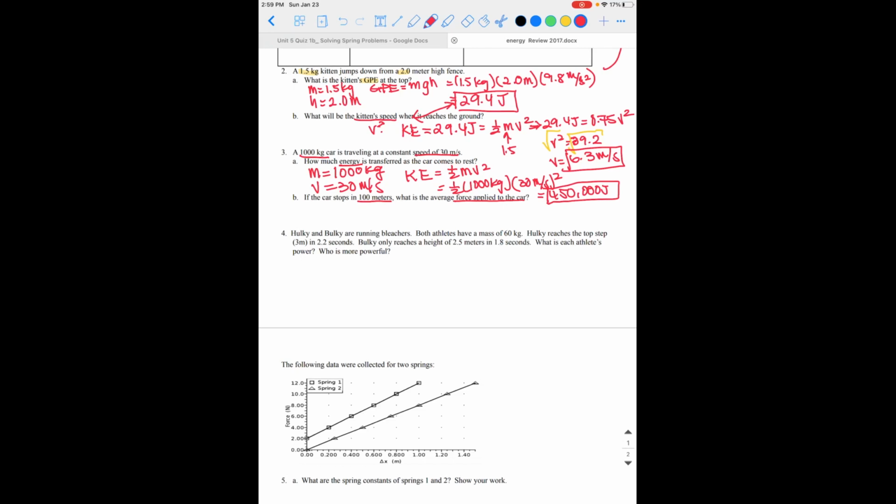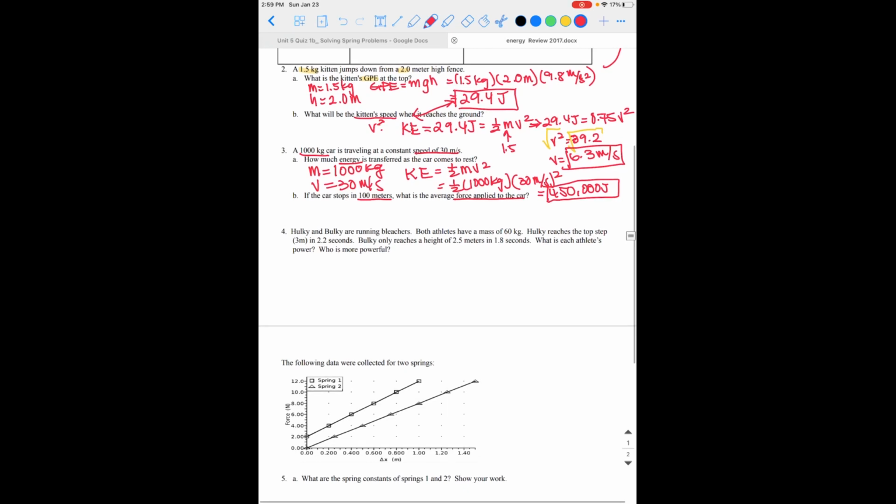So here we've got a distance of 100 meters. We've got a force applied to the car. That's our unknown. And since we know that the force was a frictional force that caused it to stop, this is going to be our energy, which is basically work done by friction.